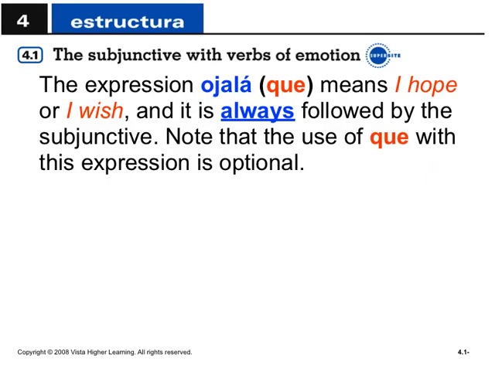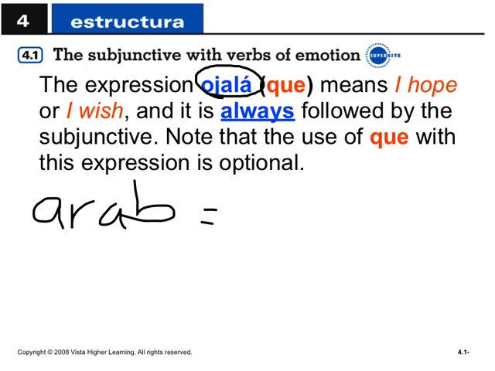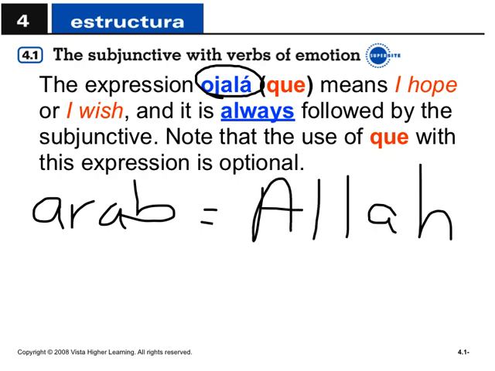And now we have my favorite expression in Spanish, ojalá. And ojalá comes from the Arab language, and you can hear the word, if you pronounce it right, ojalá, you can hear Allah in the expression ojalá, which means God.